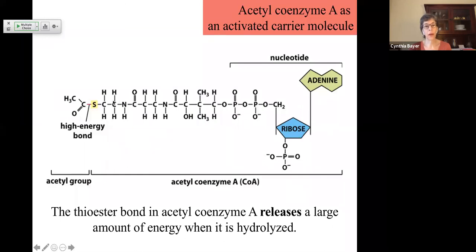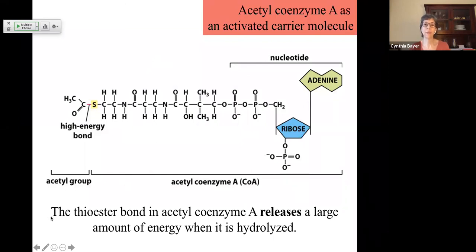So when this thioester bond is cleaved and this acetyl-CoA is oxidized, it will release a large amount of energy that can be used to drive another reaction. So we're just introducing this concept of this molecule. This is not something I'd ask you to draw or be able to recognize, but we'll be talking about it in one of the steps of cell respiration later.